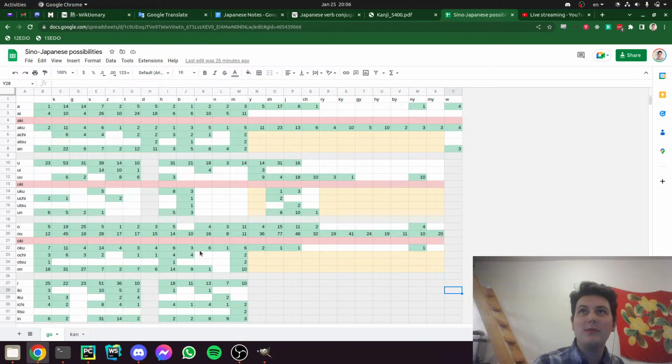In the same way that there have been a lot of times where I can remember the Mandarin pronunciation of a character and use a certain rule set to guess at how it might be pronounced in Japanese, a lot of times you can do that between Goon and Kangon, if you know one, you can guess at the other, because there are certain rules for how they tend to be related to each other.